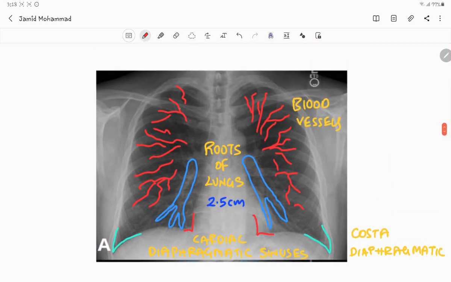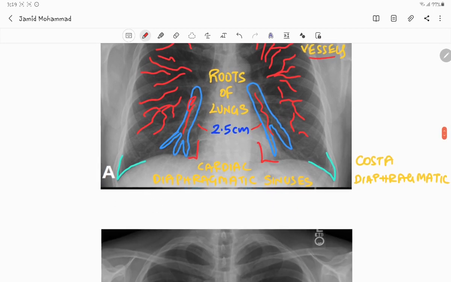And these thin hair-like lines which are white in color on this X-ray are the blood vessels of our lungs, and these two blue ones are the roots of the lung, right and left respectively. The width of them is equal to 2.5 centimeters.